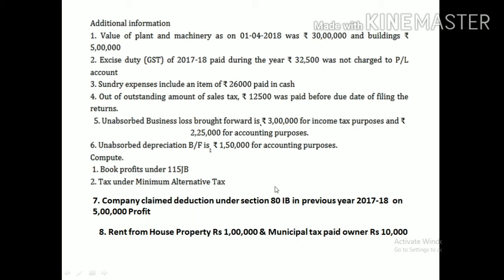If the percentage is absent, go for 25%. Many students make mistakes here: they directly calculate on 5 lakh in this year also. No, don't do that, because the 5 lakh is the profit of 17-18. In this year, 2018-19, whatever business income you get, on that calculate 25% under section 80IB.